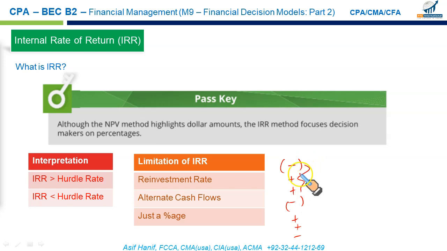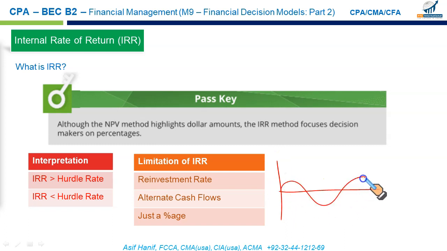For such projects, when you calculate IRR, you will be surprised that there will be multiple IRRs. Let's say this is NPV positive, this is NPV negative, and these are the discount rates given on the x-axis. Here the NPV is 0, so this project has 2 IRRs, and if it could be extended further, this project has 4 IRRs.